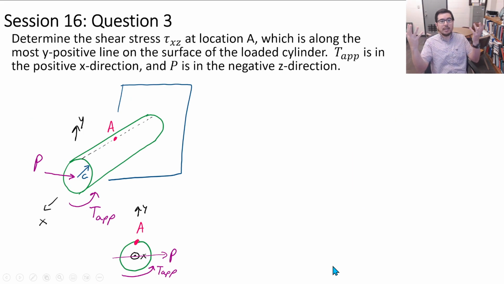So for now, take some time and look at this question that I've created. We're going to determine the shear stress tau xz at this location A. It's on the top of this loaded cylinder, or this shaft, and there is a force P acting in the minus z direction, while a torque T is acting in the positive x direction.